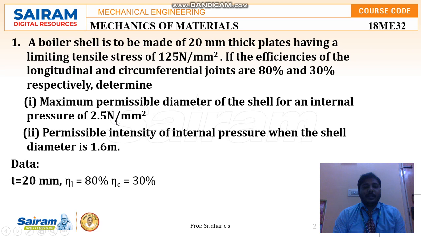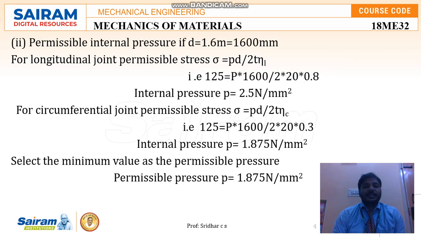One condition was to find the diameter, and the other was to find the pressure, for a boiler shell made of 20 mm thickness plates to withstand a tensile stress of 125 N per mm square.